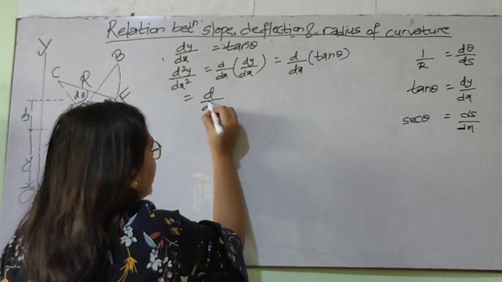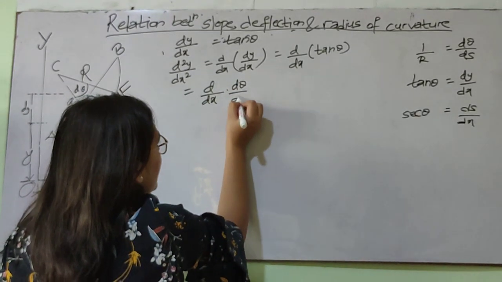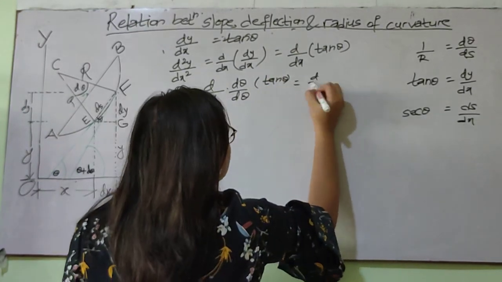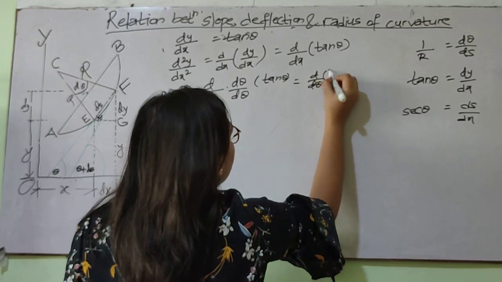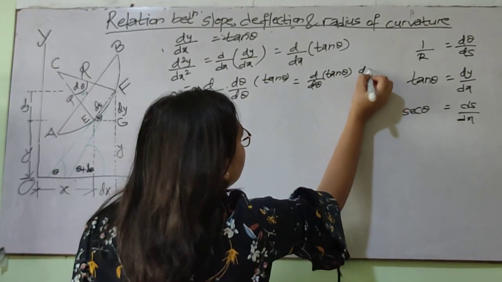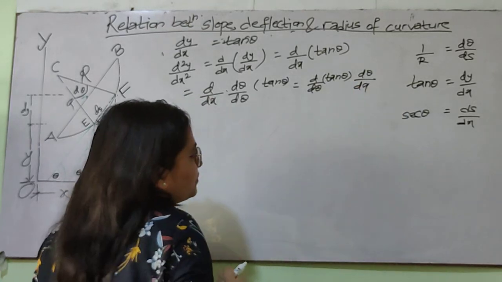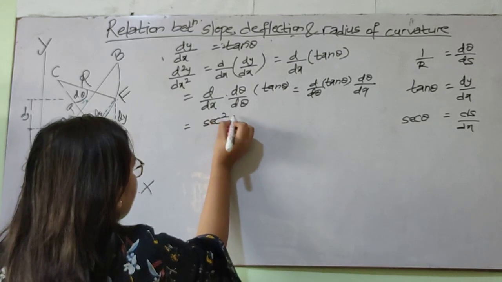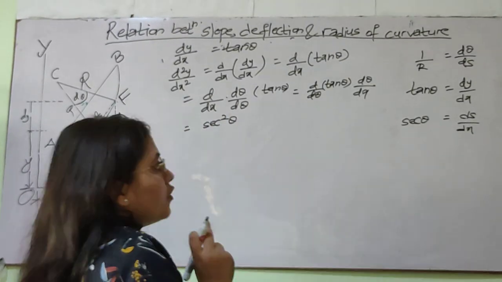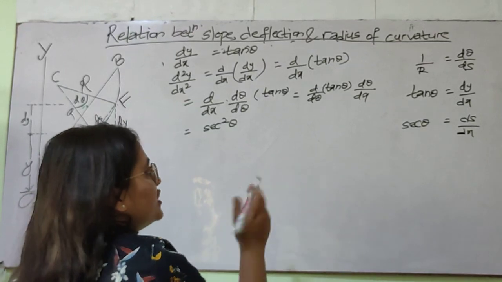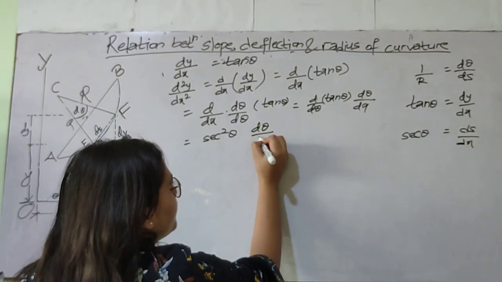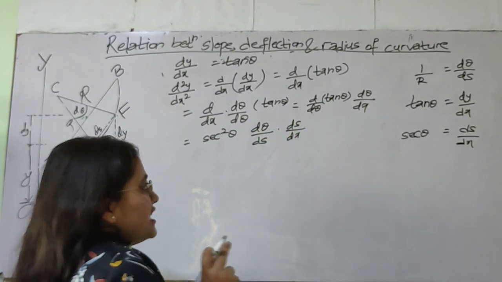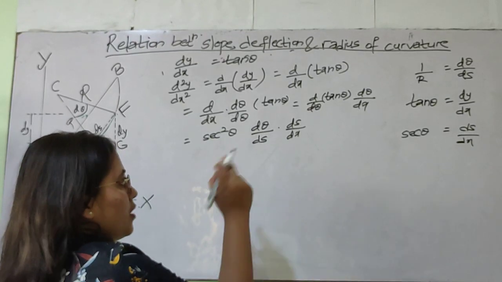So I'm going to multiply by d theta by d theta on both sides: d by d theta of tan theta times d theta by dx. Now the derivative of tan theta is sec square theta. Now d theta by dx, we don't have any relation for this, so we convert it to d theta by ds into ds by dx. I'm multiplying ds in both numerator and denominator.